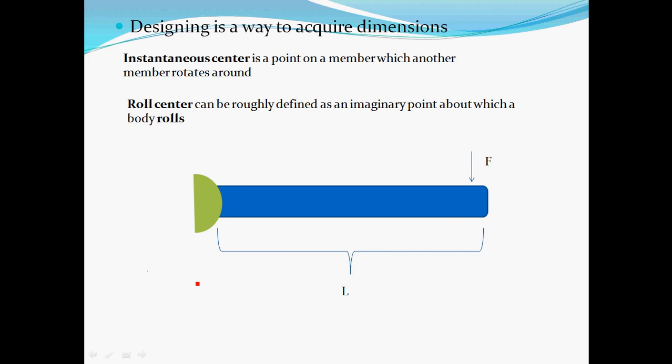Now I'll say that I have another rod with greater length, L dash, and the same force F is applied, and it's pivoted at one end. It will also show angular deflection, but its angular deflection will be less. Can you understand why?